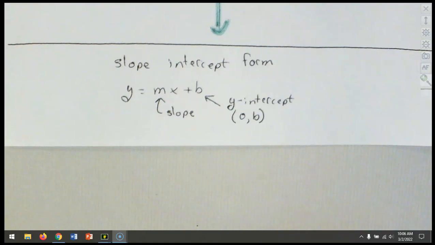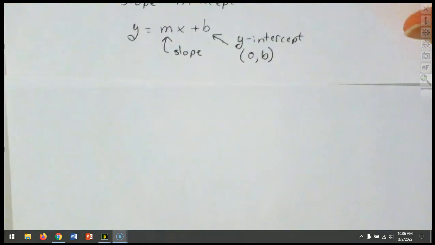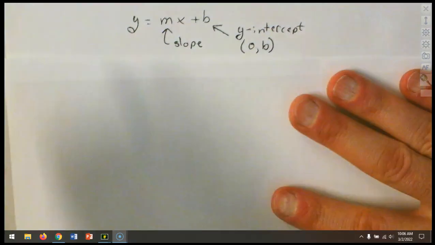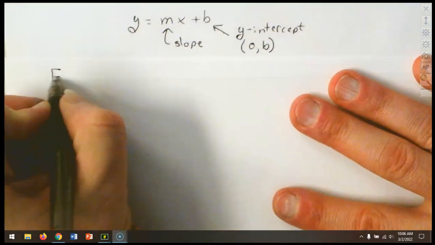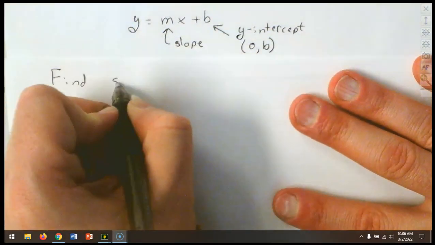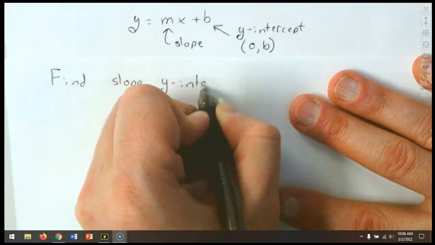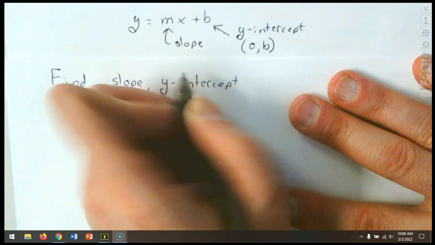The number on the end is your y-intercept, the starting point. We're now going to graph some of these equations by finding the slope and the y-intercept. So we're going to find the slope, y-intercept, and graph.